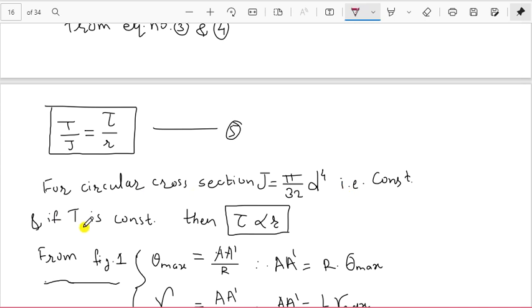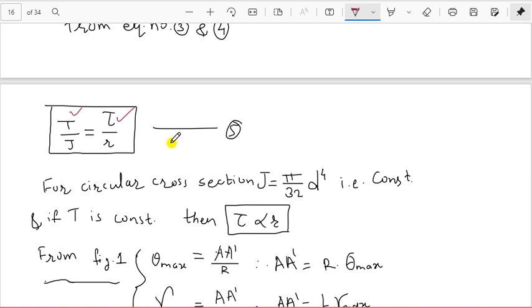If T is also constant, that means only one torsional force or forces which create only one torque is present, then we can say that these are constant values, tau and T. That's why what we will get, if I write like this, T by J is equal to tau by R.